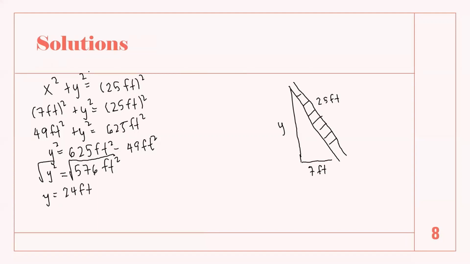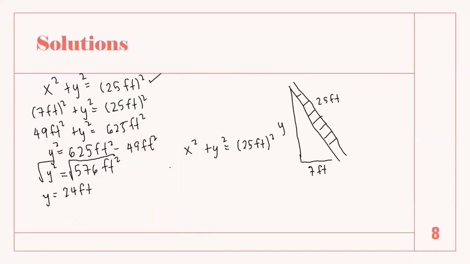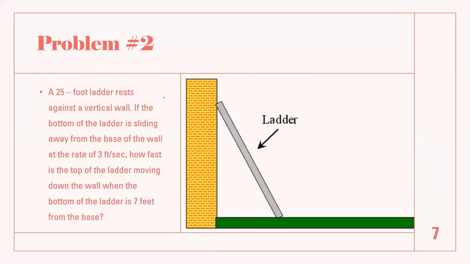So now we're going to go back to this formula for the sake of differentiation. Okay, so we're going to state also the given. So now we have x and y. Then here, the bottom of the ladder is sliding away from the base of the wall at a rate of 3 feet per second, so this is our x, and this is our y.